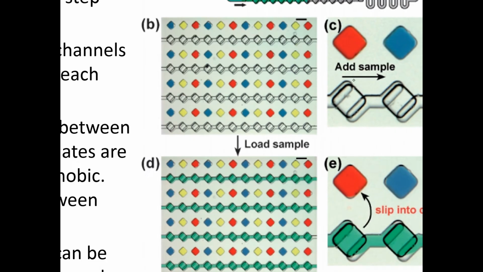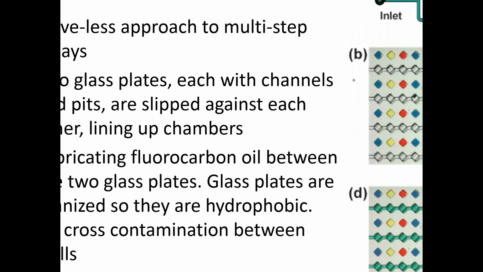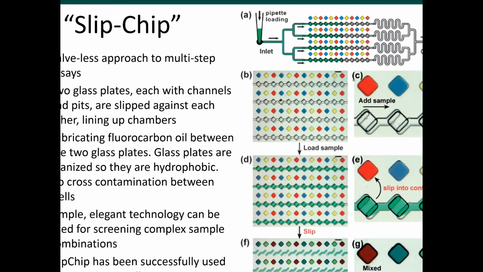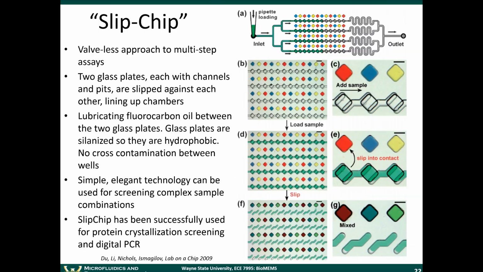So Ismagilov's group designed this cool thing called SlipChip, which allows you to do this type of test in a very simple way, which requires no external pumps, no external valves, because they use a cool valve technology that's built in on the chip. That's very, very simple and elegant.